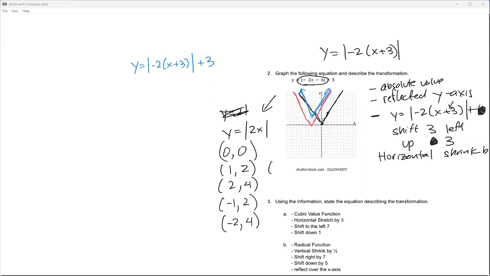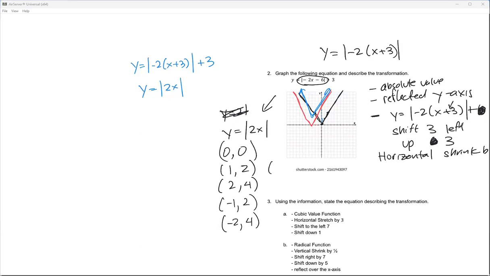Okay, so now what I did was I graphed this first, because I knew that if I graph y equals the absolute value of 2x, it's so much easier to graph from a table, right? Okay, so if I graph this, then we're good, right? Well, we could do -2x if you want. Okay, but remember that the negative is reflected over the y-axis.